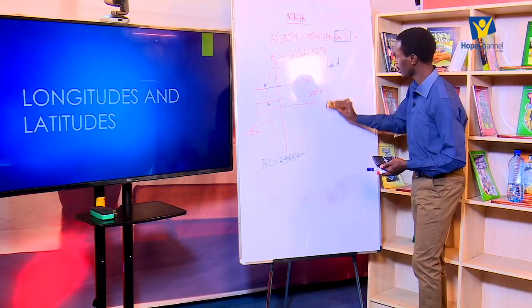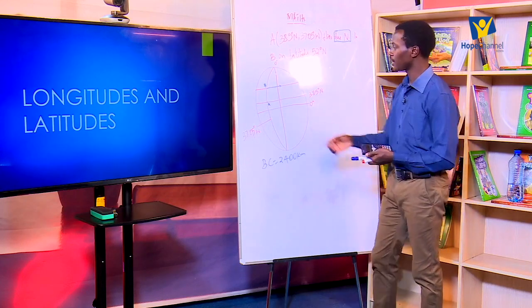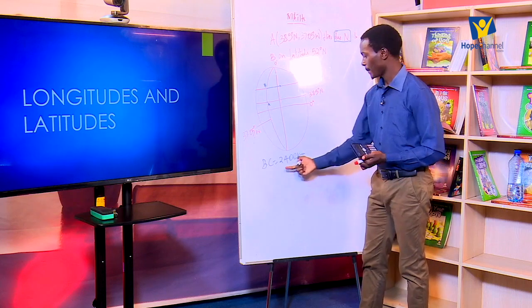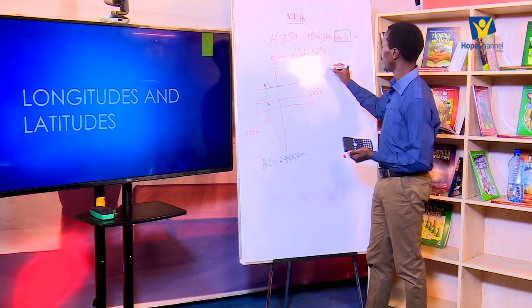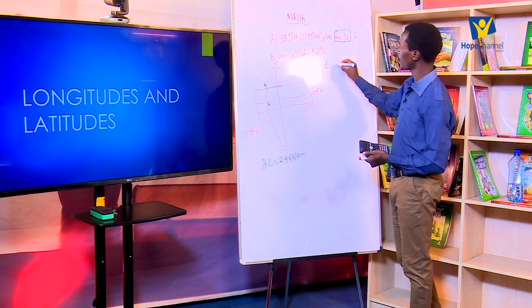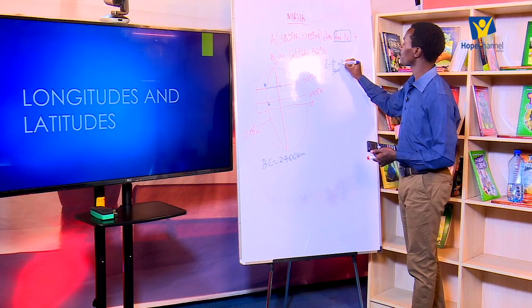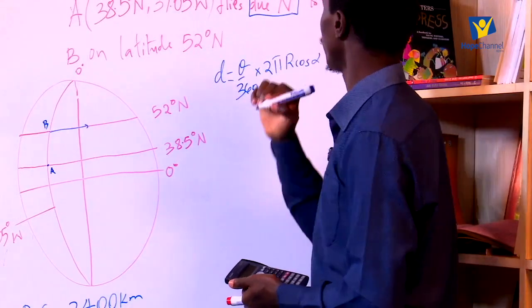Now I think I can clean this one here because it's so easy, so that we create space for working out part B. Now part B is saying that the plane now flies due east from B to C at a distance. The distance between them is 2,400 kilometers. Now remember, the distance along a small circle is given as theta over 360 times 2 pi r, the cosine of alpha.